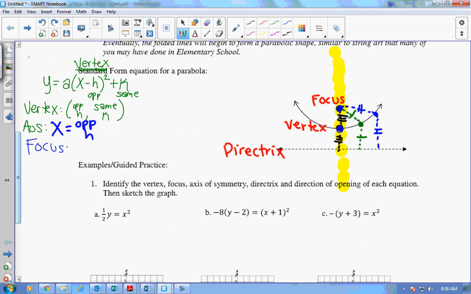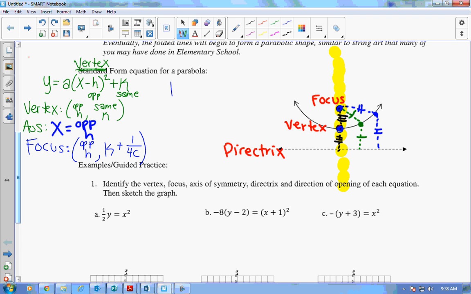The focus is a point opposite of the h, same like the vertex, but it has the shift that the vertex has and then some. We call that plus 1 over 4c. We've used c before for the focus, right? We use Pythagorean theorem to find c sometimes, and c was from the focus.